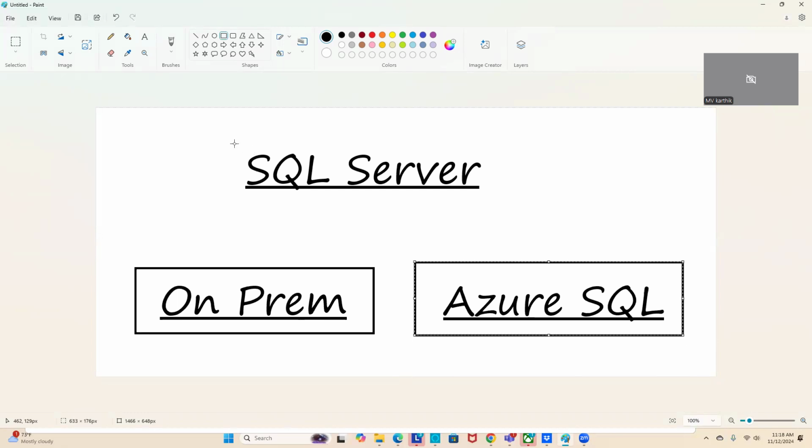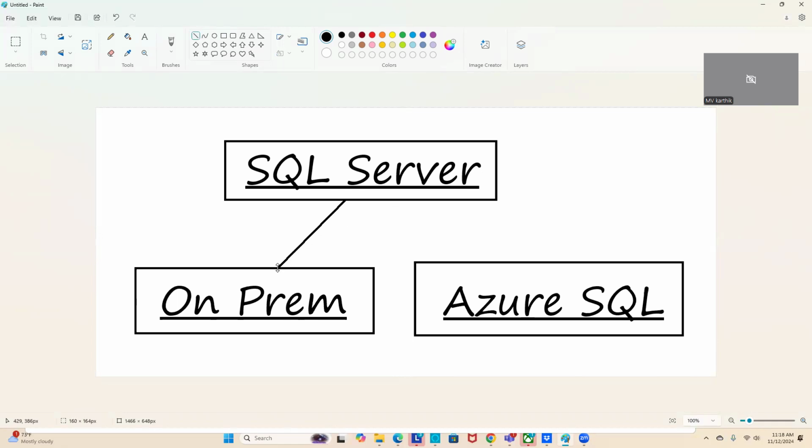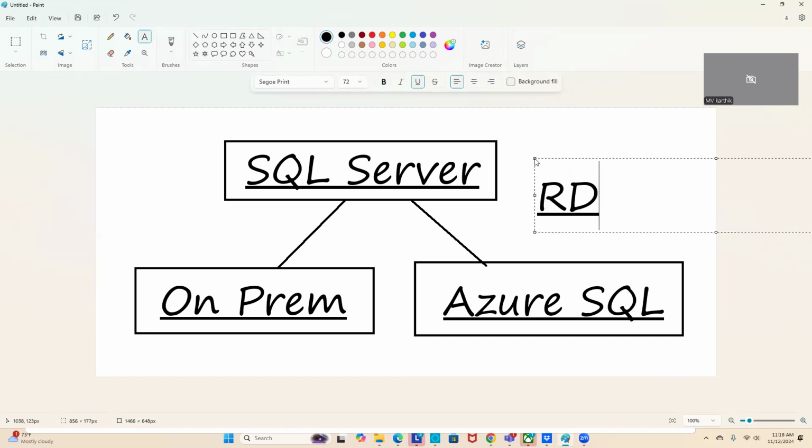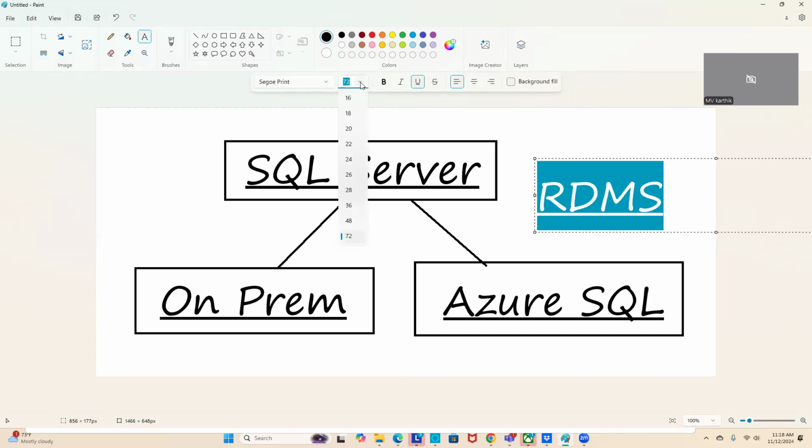Okay, so let's first understand what SQL Server is, what on-prem is, and what Azure SQL is. SQL Server is the abbreviation for Structured Query Language, and we also call it an RDBMS, a relational database management system.